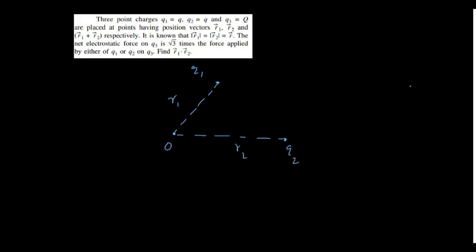If we join them by the parallelogram law, then I can comfortably write that this is r1 vector plus r2 vector, right? And here is this q3. Now it's easy, we will check.